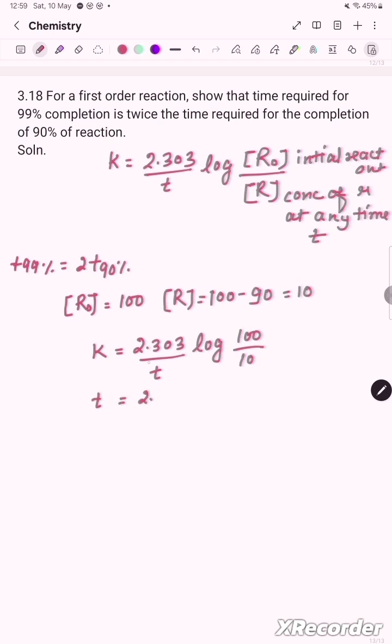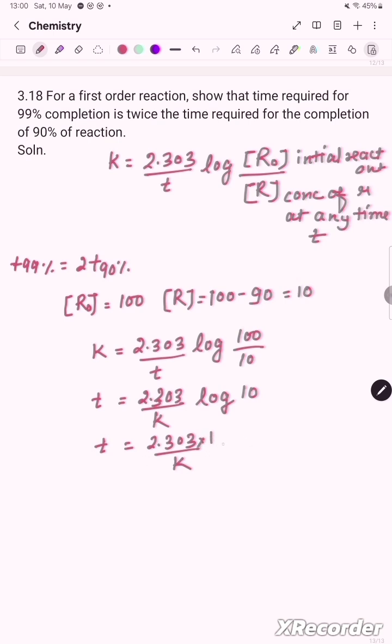So equation becomes time is equal to 2.303 divided by K log 100 by 10, that is log 10 value. So that will become equal to 2.303 by K, log 10 value is 1.